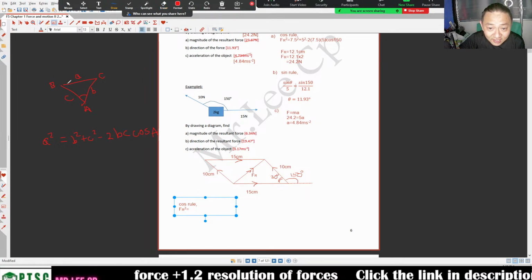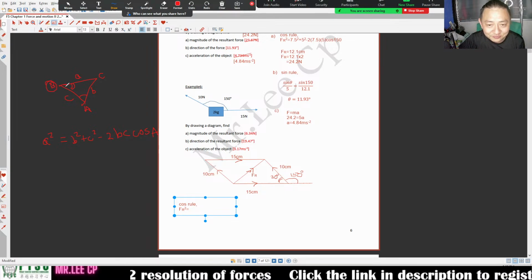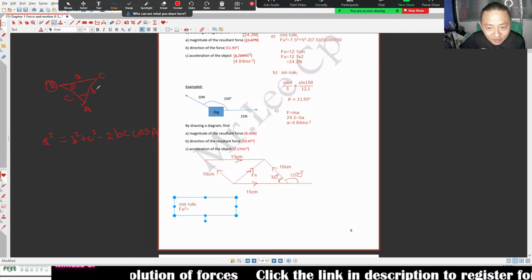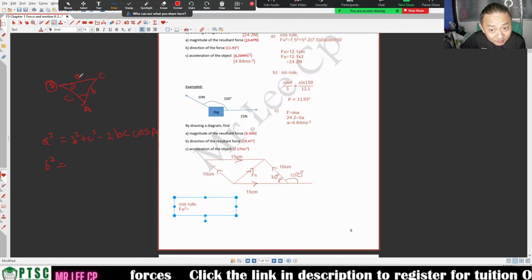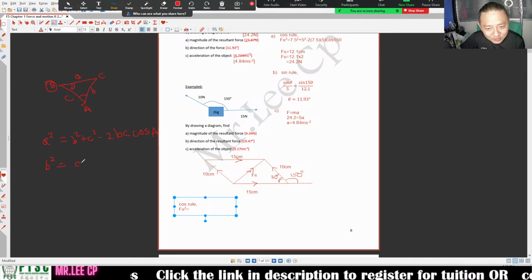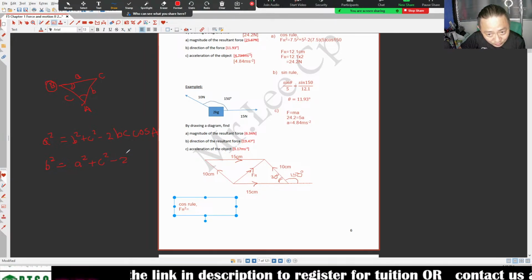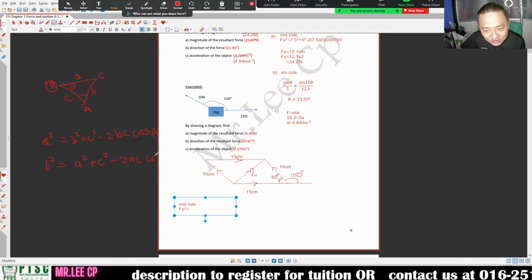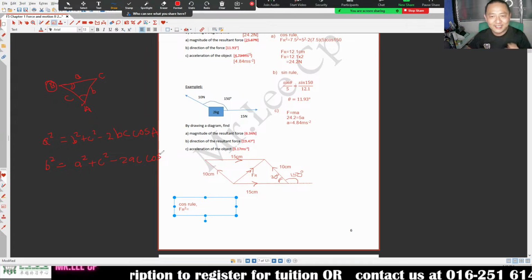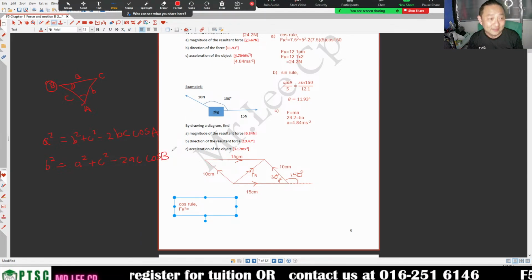If you open your hand this way, you see, B square is equal to A square plus C square. After you plus, then you minus, 2AC, and then cos back to here, cos the middle, cos B. Do you get it?